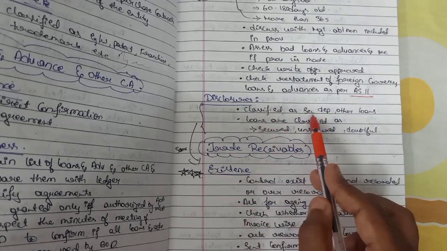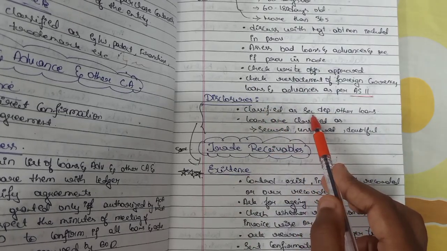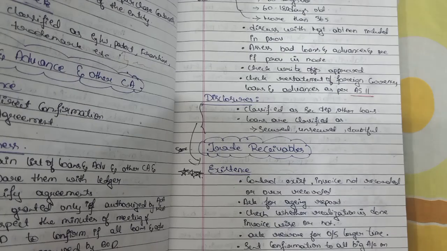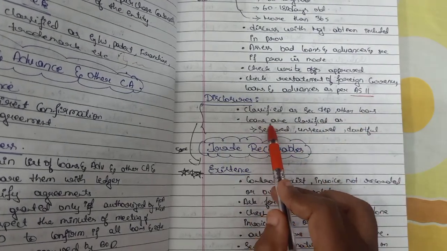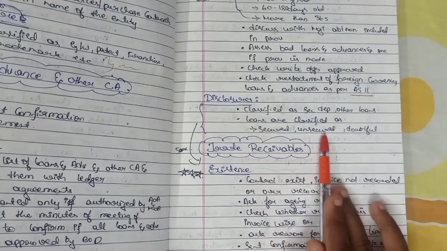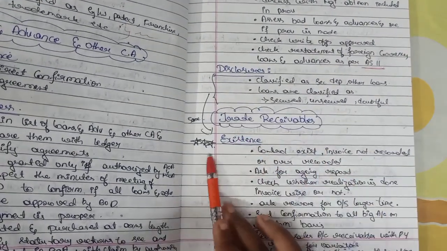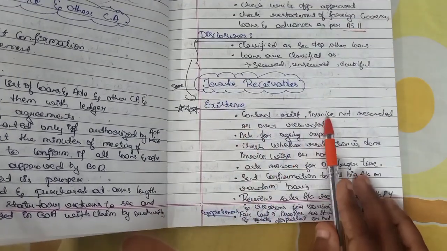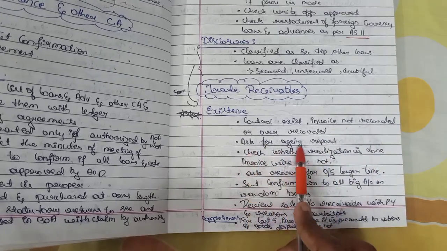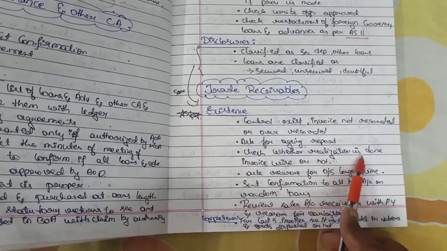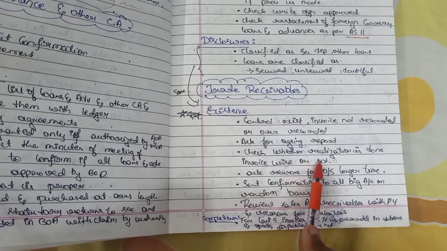Disclosure: classified as security deposit, other loans. Loans are classified as secured, unsecured, doubtful. Trade receivable existence: control exists. Invoice not recorded or over recorded. Ask for aging report. Check whether realization is done invoice-wise or not.